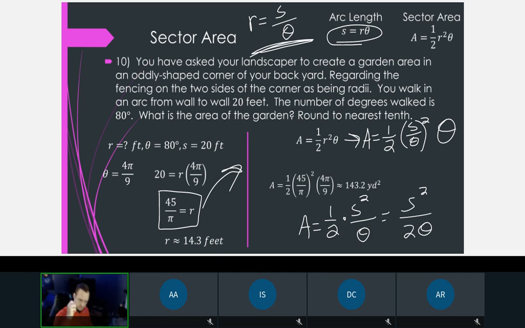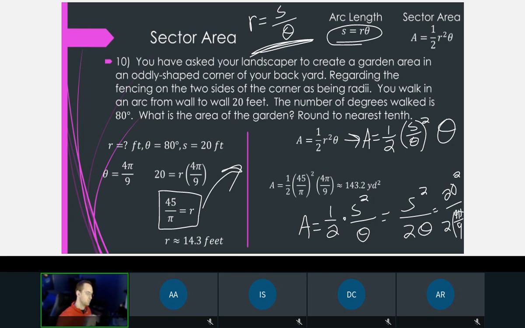So we could have simplified it down to that, and we would just type in, I'm running out of room, your s value, which we said was 20. So you would say 20 squared divided by 2 times 4 pi over 9.